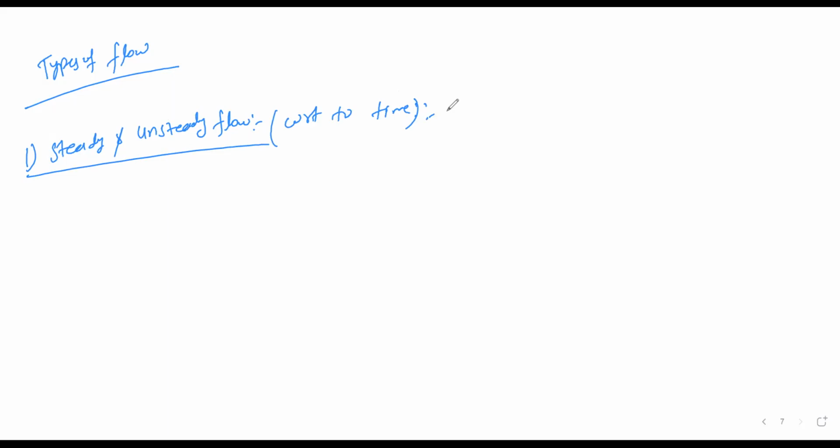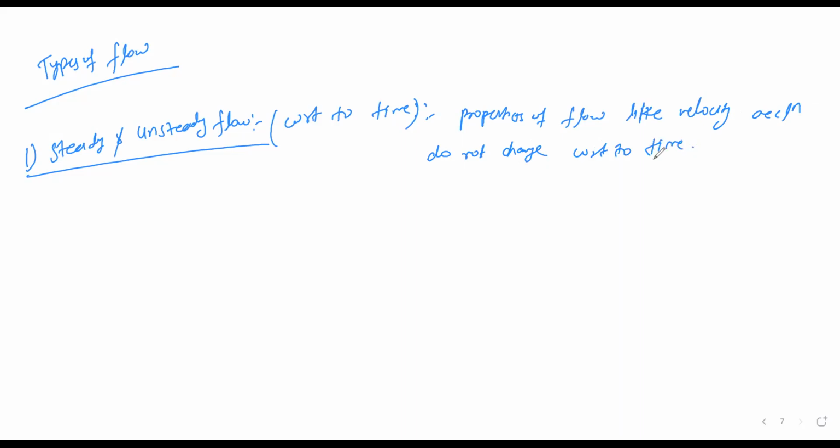It's called a steady flow. They can change with respect to space, but with respect to time, they should not change. That is a steady flow.